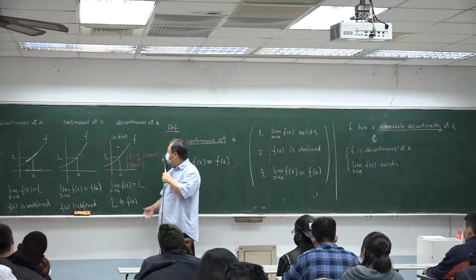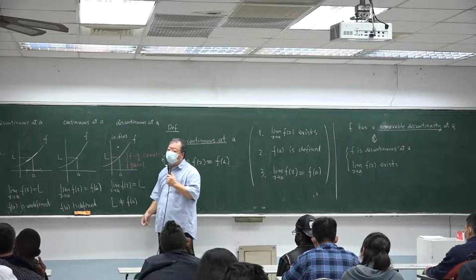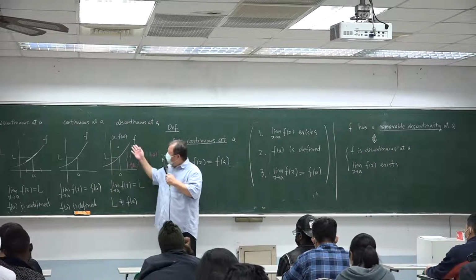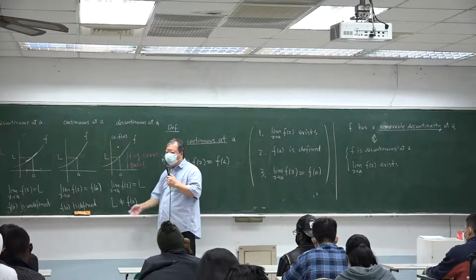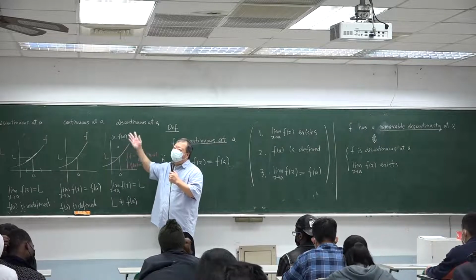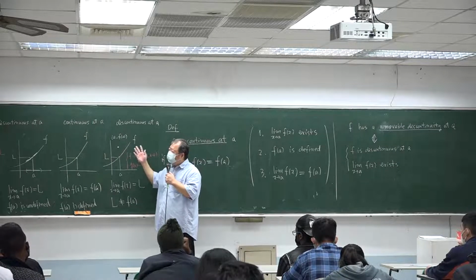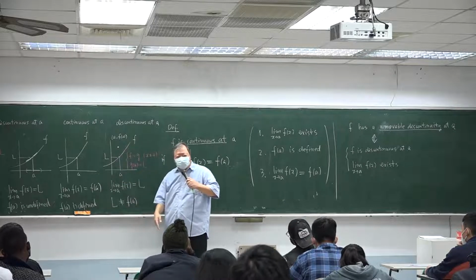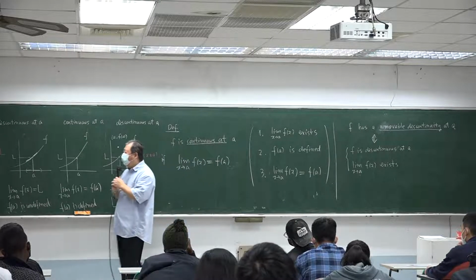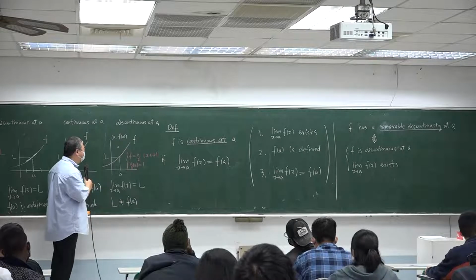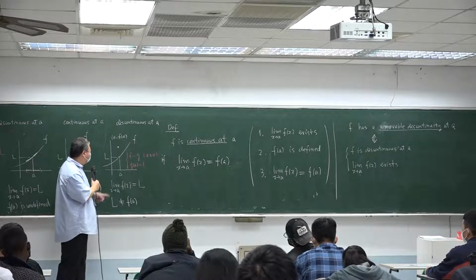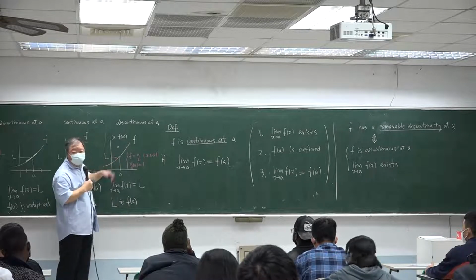Of course, you can call the new function f again, but you have to know the original f is gone. Before, but now the new one has f of A already there. Redefined.